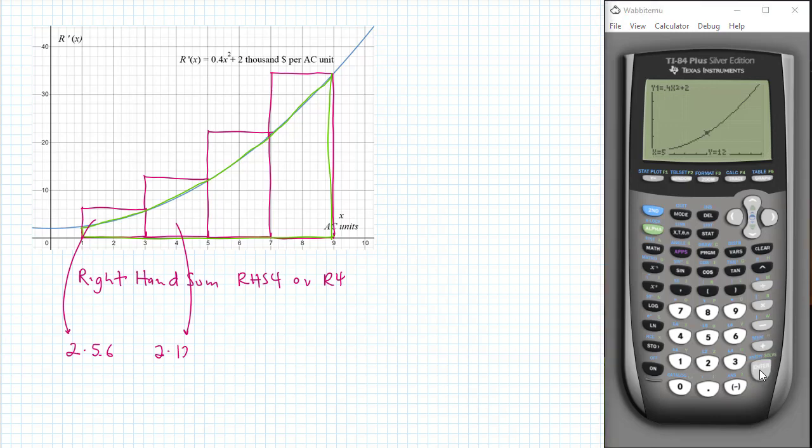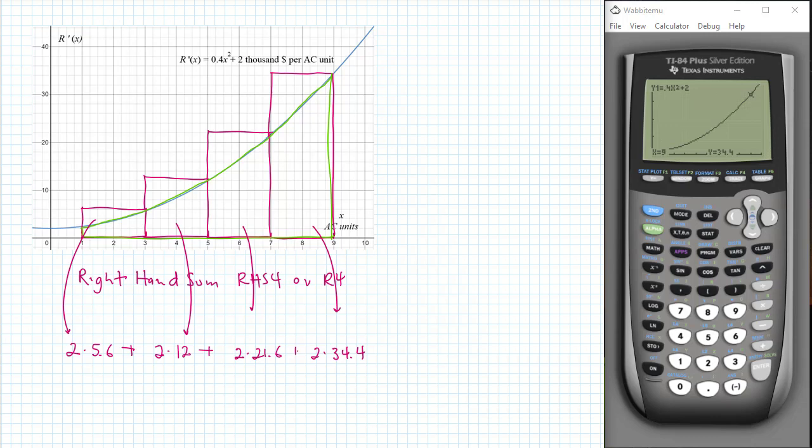So it's 12 high. Do the same thing, 2 wide. Now I put 7 into the function. We get 21.6. And then the very last one, I'm going to put 9 into the function. So it's going to be 2 times 34.4.